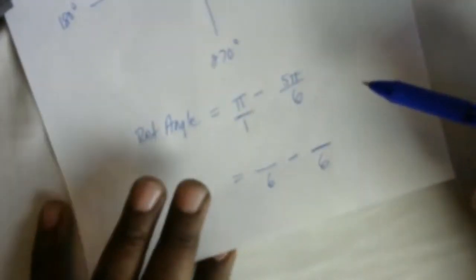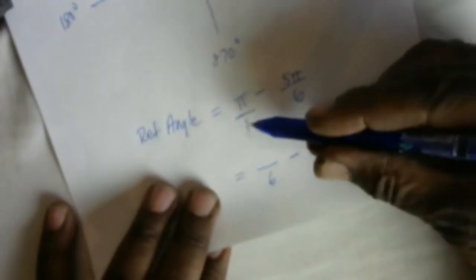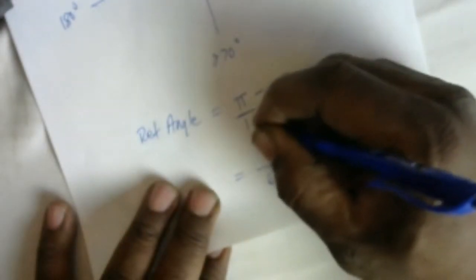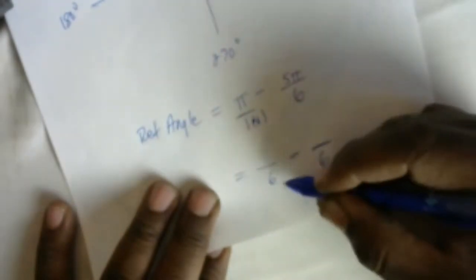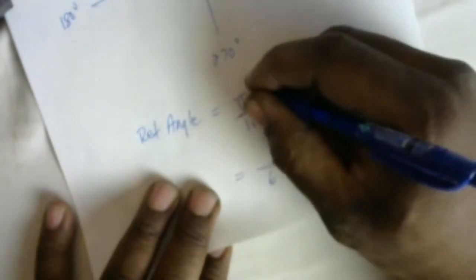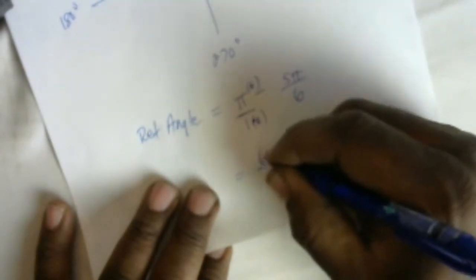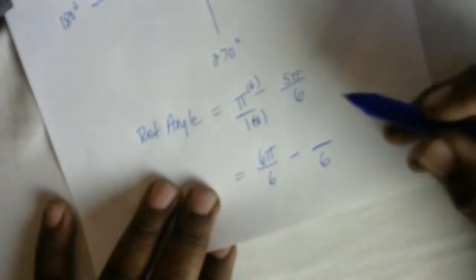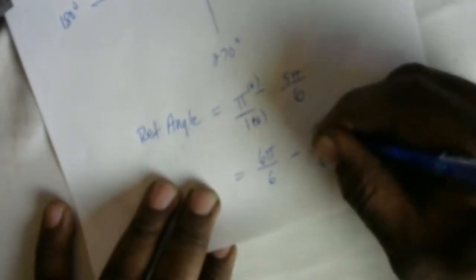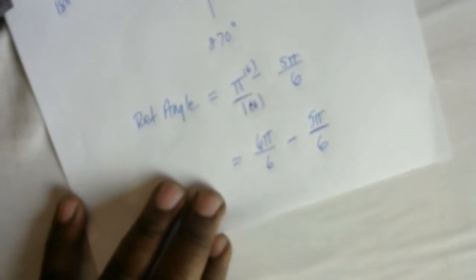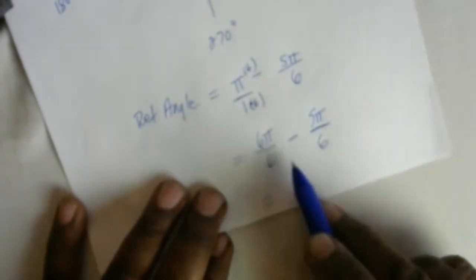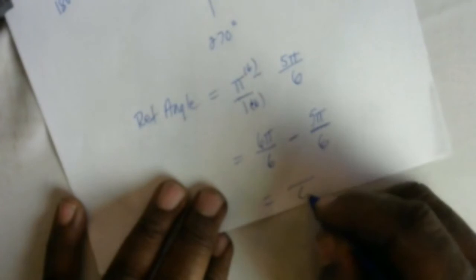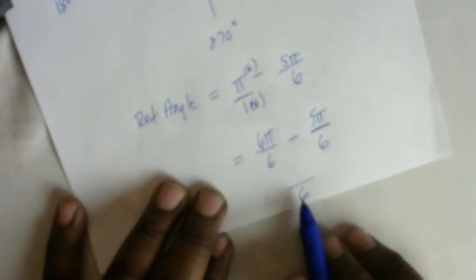Now I want to write these as equivalent fractions. For the first fraction, the 1 was multiplied by 6 to give me the least common denominator, so I must multiply the top by 6. The second fraction is going to remain the same. Since I have a common denominator, I'm going to keep it.